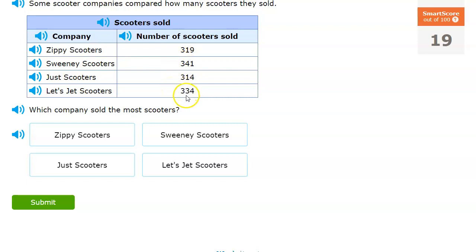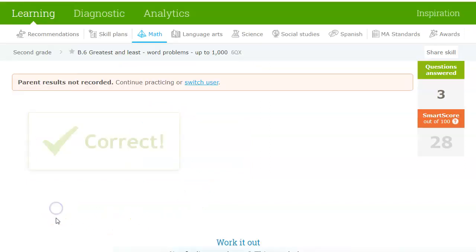In the tens spot, we have 30, 10, 40, and 10. So we're looking for the most. We found it. It's 341. And if we look over, that's Sweeney Scooters. So let's click that one down here and move on.